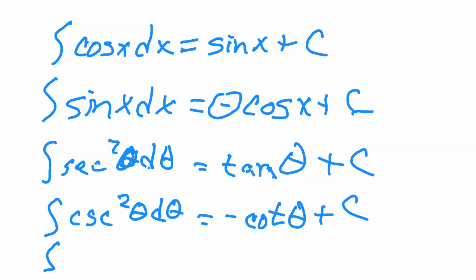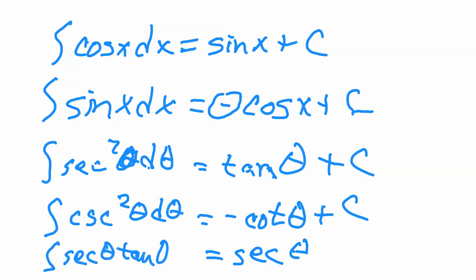So we have the derivative of secant is secant tangent. So if I want the antiderivative of secant theta tangent theta with respect to theta, it's going to be secant theta plus c, because the derivative of secant is secant tangent.